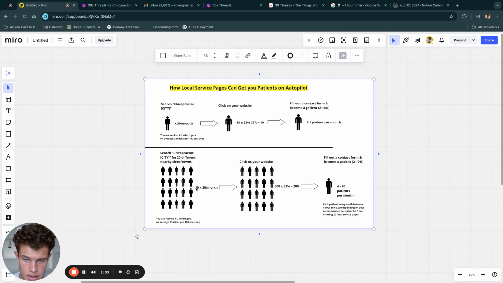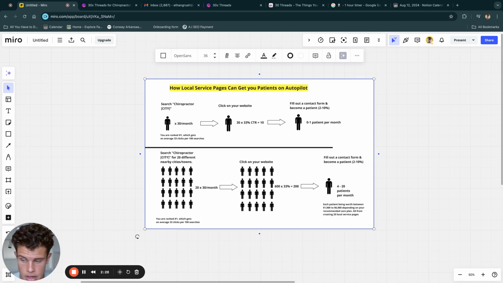If we multiply that by 20, and let's say we get the same 30 searches a month for each of these terms, now we have 600 potential searches each month for terms that we're ranked number one for, times the 33% click rate because we're number one as well. So that'll get us 200 clicks every month to our website.